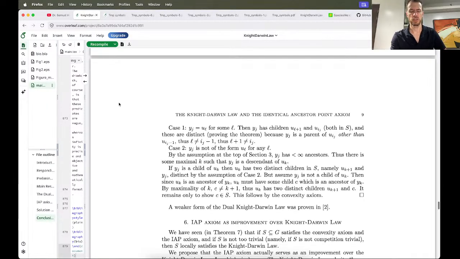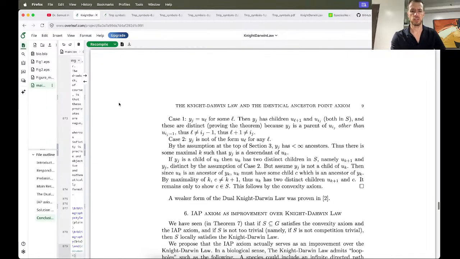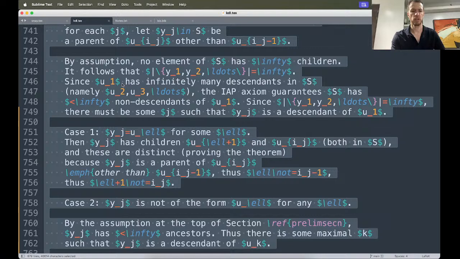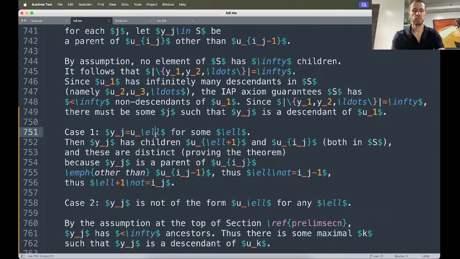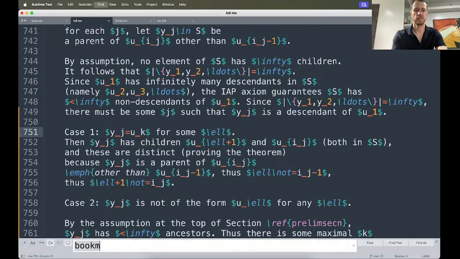Case 2, Yj is not of the form Ul for any l. By the assumption at the top of section 3, why are we using l? We haven't used k yet. So instead of an l, we should use k here.